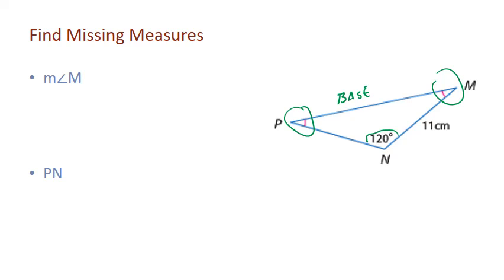And this side here that's marked 11 centimeters is opposite this angle. So this is a leg, and this side here opposite the angle M is also a leg, and this angle that's 120 is the vertex.